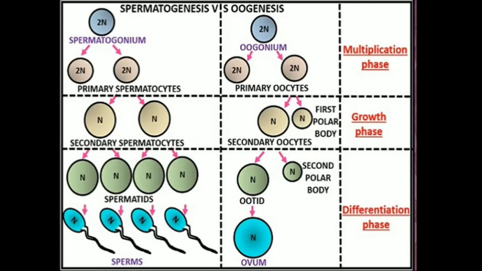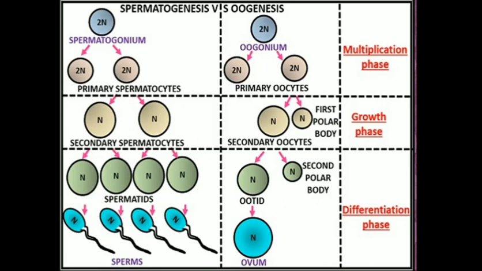Then another point of difference: polar bodies are not formed during spermatogenesis, whereas polar bodies are produced during oogenesis. So these are the differences that you can write for spermatogenesis and oogenesis.